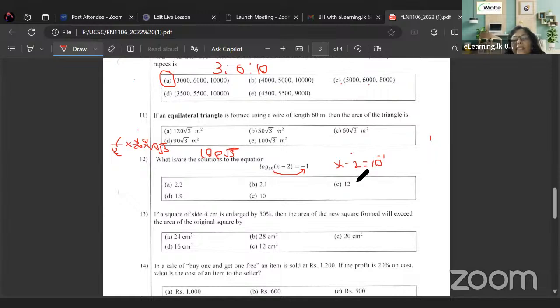So x is equal to 10 to the power minus 1. Instead of that one, you can write 1 over 10 plus 2. 1 over 10, you can write it as 0.1 plus 2. Then what's the answer? Question number 12, the answer is B.